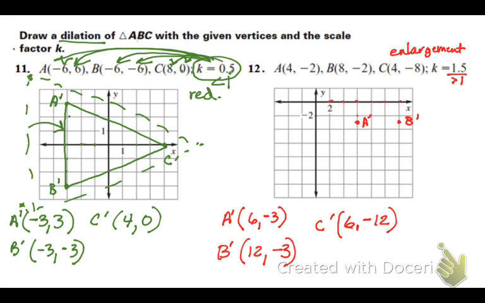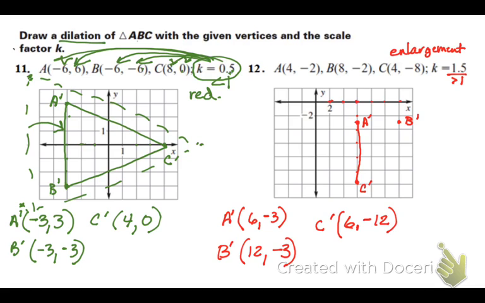That's B prime. C prime is 6, negative 12: 2, 4, 6, then negative 2, negative 4, negative 6, negative 8, negative 10, negative 12. That's C prime.